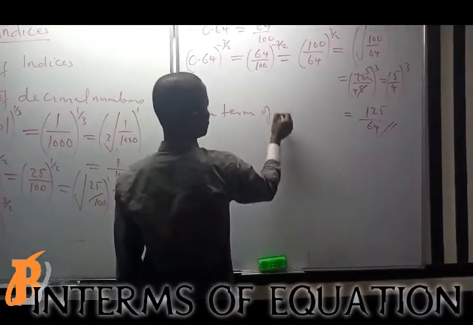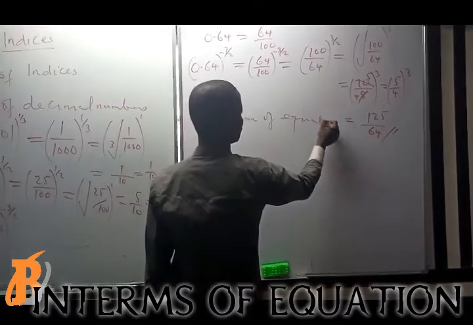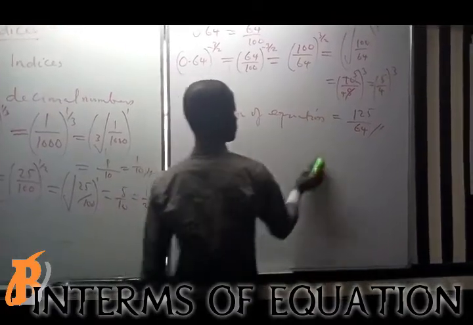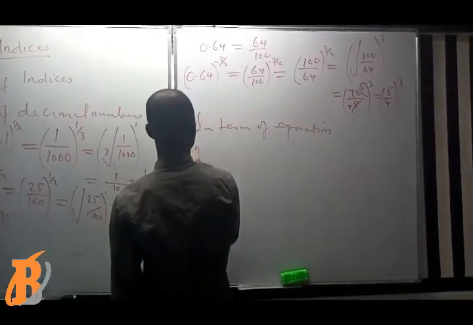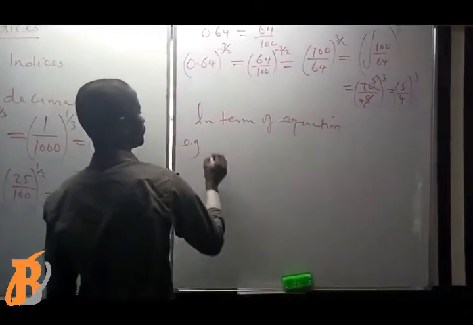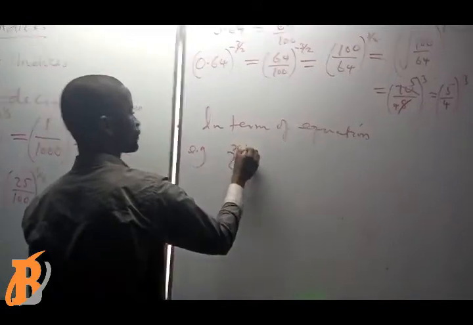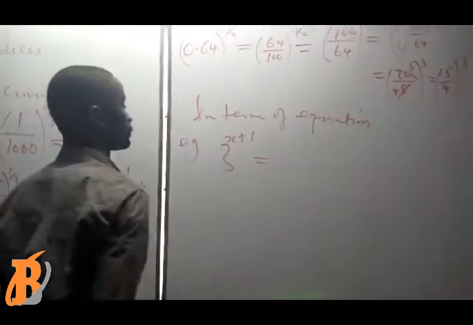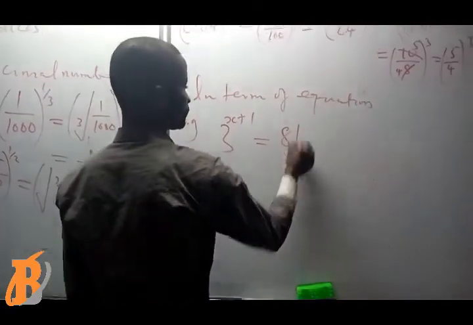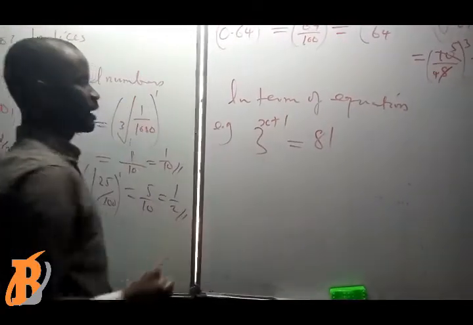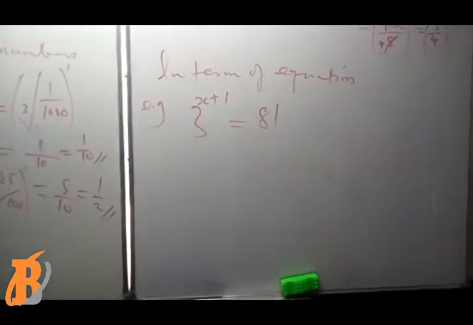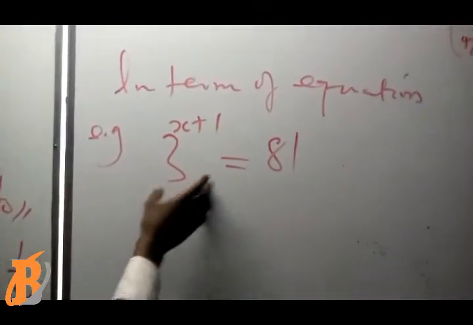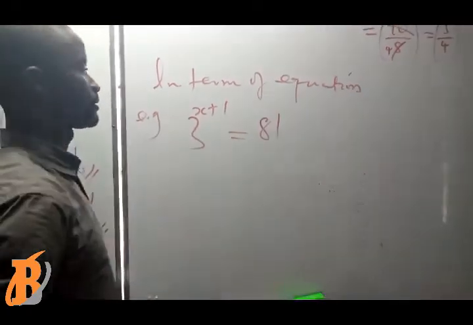Now, in terms of equations, for example, you have 3 raised to power x plus 1 equal to 81. Now when you have this type of question, the best method to apply is indices.